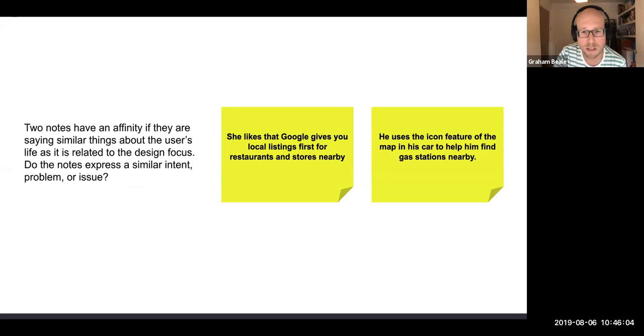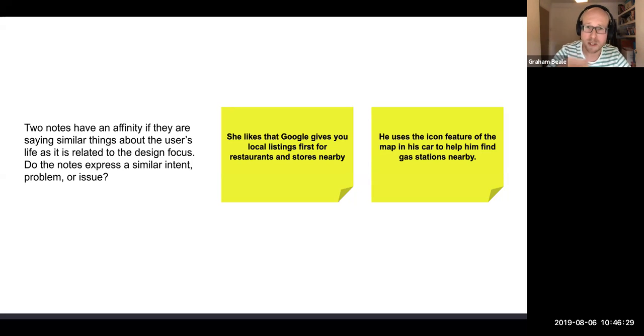The thing that is mutually true on both these cards is that they are both talking about location and things being nearby. So you could group these together and say this is about the user's need for things being nearby and the need to know about these services being nearby. So there's a clear theme there.